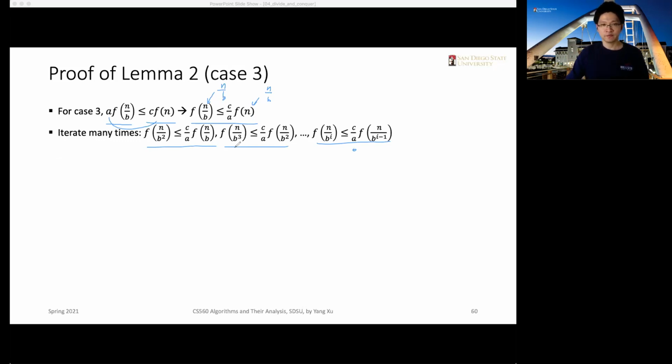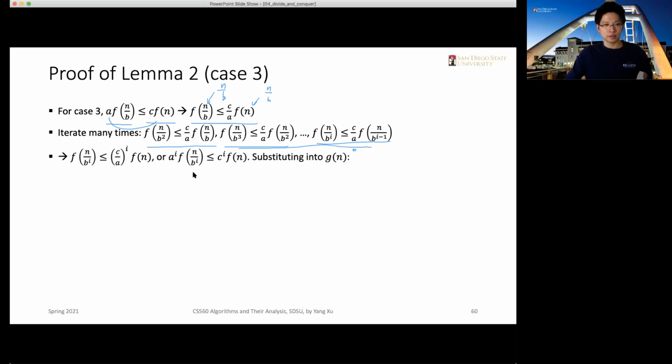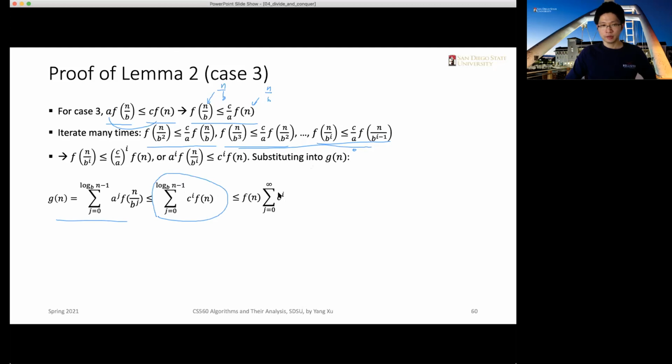We will have a bunch of inequalities, and if we sum up all the inequalities, the original term should be bounded by this summation, which is also a geometric series, and we will find that it is bounded by the big O of f of n.